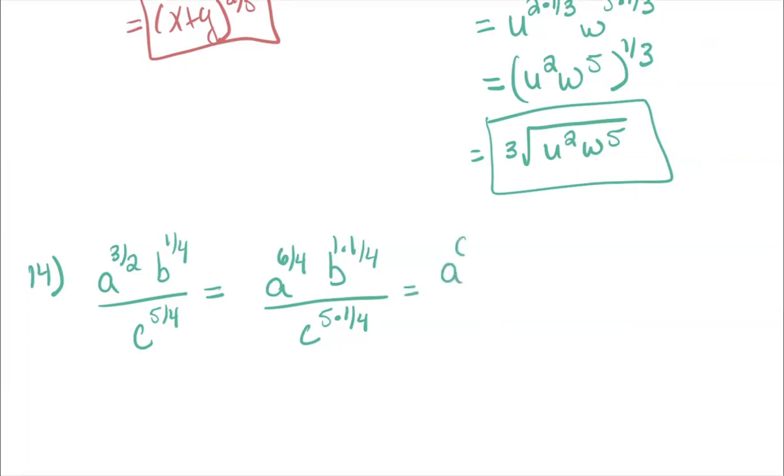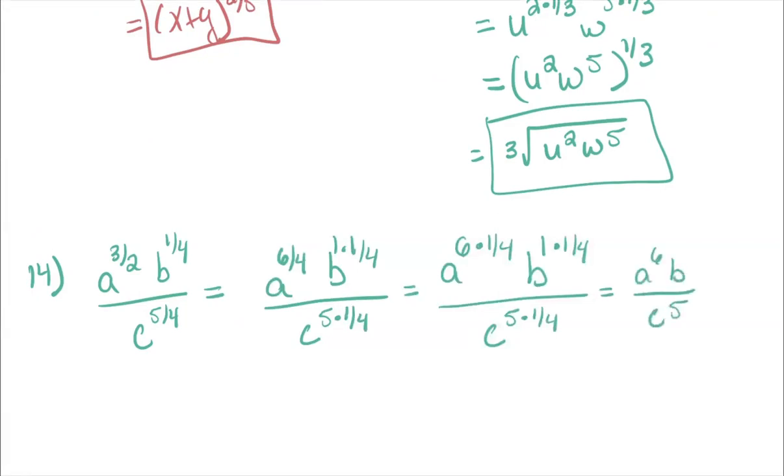This is a, 6 times 1/4, times b, I've got my 1 times my 1/4, and then c, 5 times my 1/4. Oh, look, I can bring out a 1/4. If I write it like this, a to the 6th, b, c to the 5th, all of this raised to the 1/4.